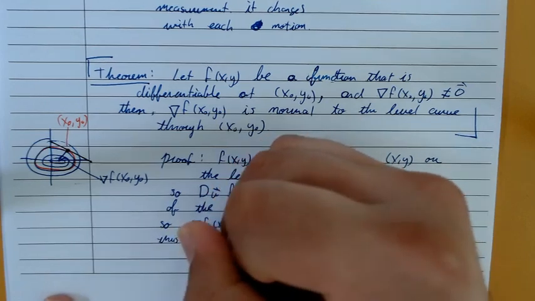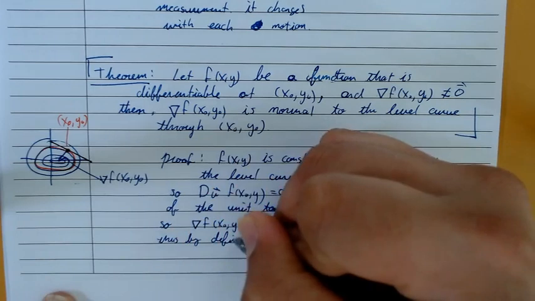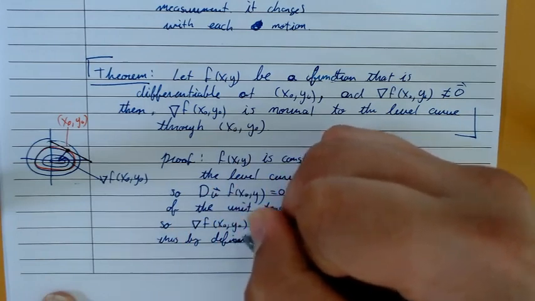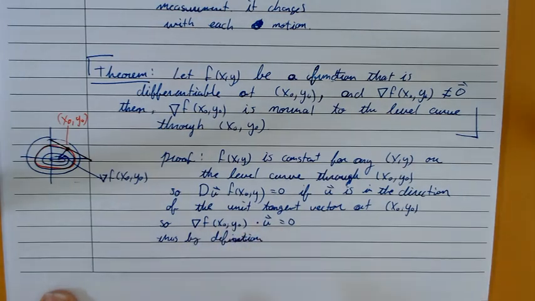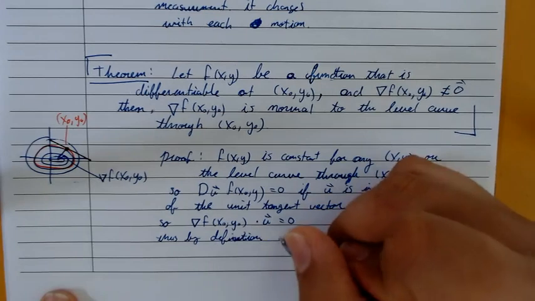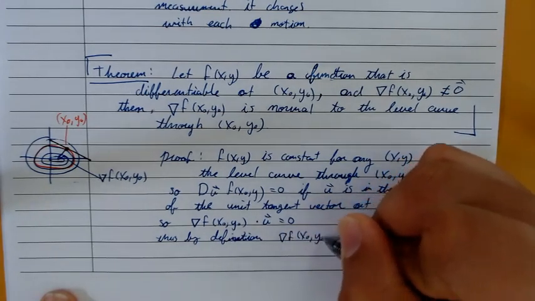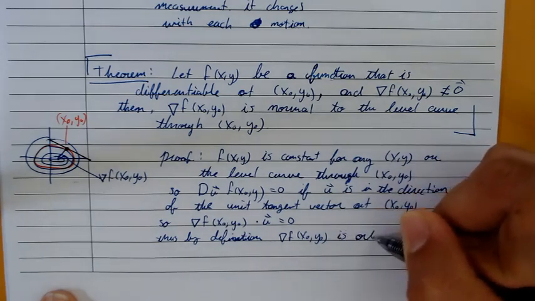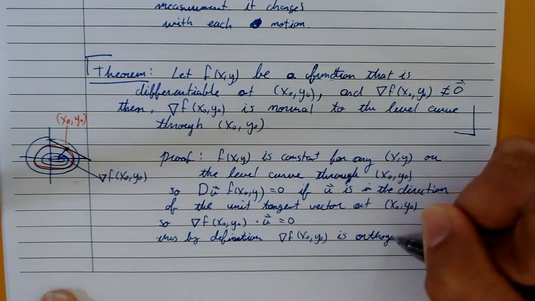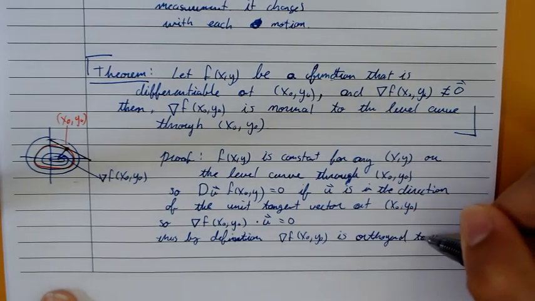Thus, by definition, what do we call two vectors whose dot product is 0? They're orthogonal. Thus, by definition, the gradient of f at x naught comma y naught is orthogonal to the vector u.